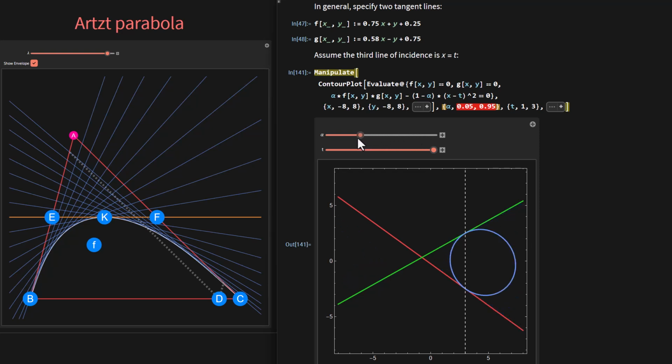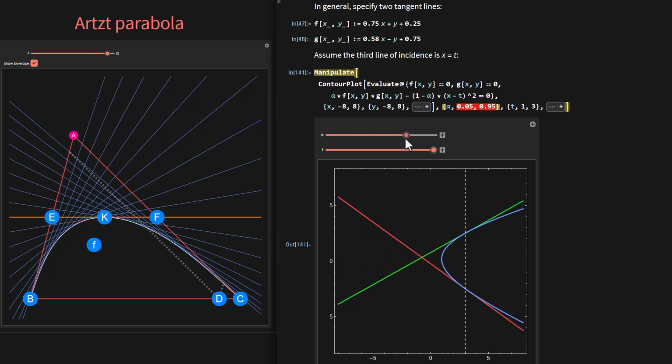You can make alpha small and see the exact location of the tangent point on the tangent line. And if you make alpha a little bit larger, then it's close to a hyperbola, and it's actually tangent to this line, but it's not very clear.